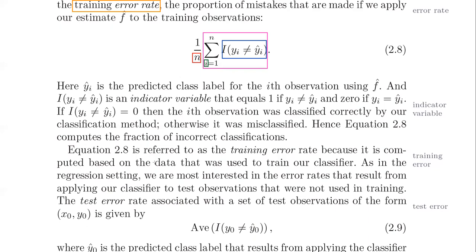And this is the new notation. Uppercase I just stands for indicator. And it is equal to 1 if you got it wrong, and it's 0 if you got it right. So if you've classified correctly, that's 0. It doesn't contribute to your error rate. If they're unequal, then that's a point against you. You need to look at this one as 1 point against your model.